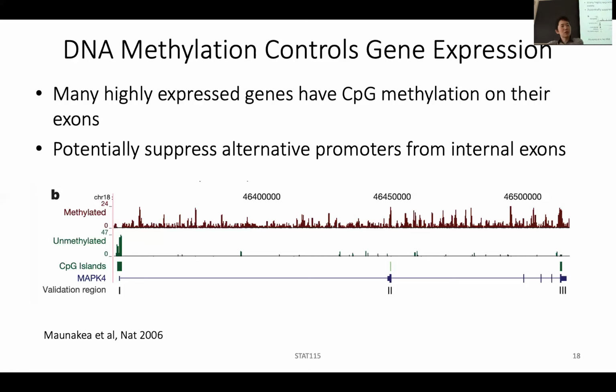And once it starts transcribing, it will just keep going. Having methylation here will not stop polymerase from reading through and continuing the transcription. So on many highly expressed genes, you will see that the methylation is pretty high on the gene body, potentially as a way to suppress those regions from starting transcription in the middle of the gene.